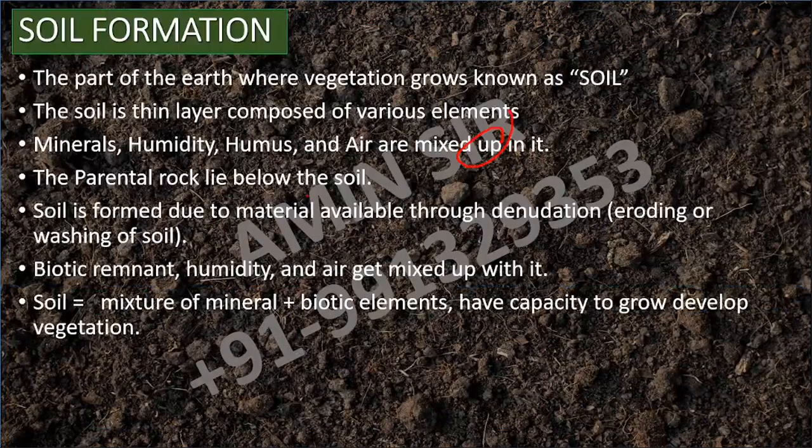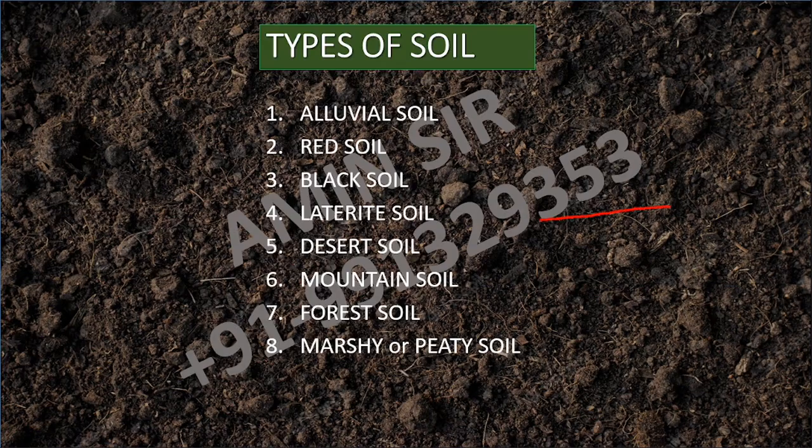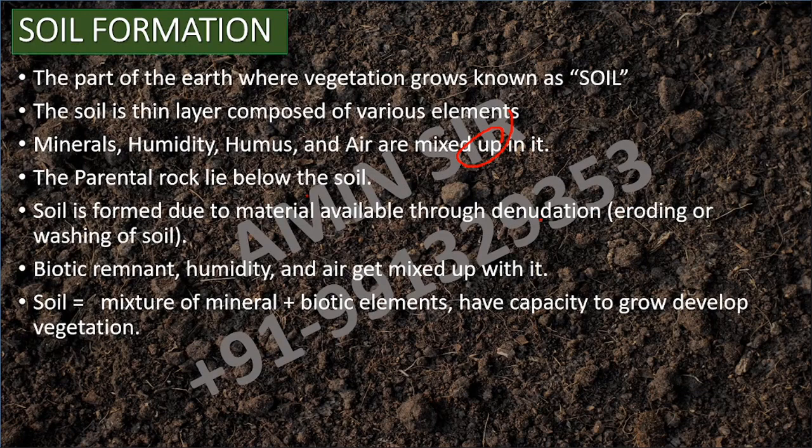There is one layer, then a second layer on it, and so on. In the soil there are minerals, humidity, and humus mixed up in it, and some air is also mixed up in it. Even below the soil there are parental rocks.